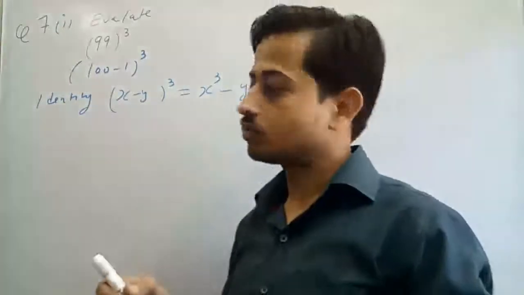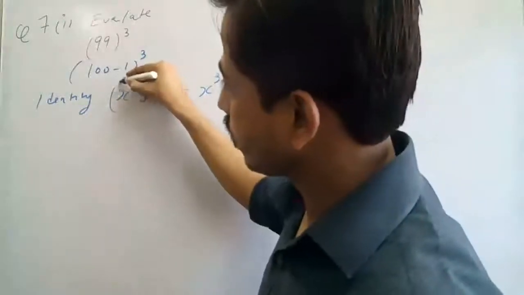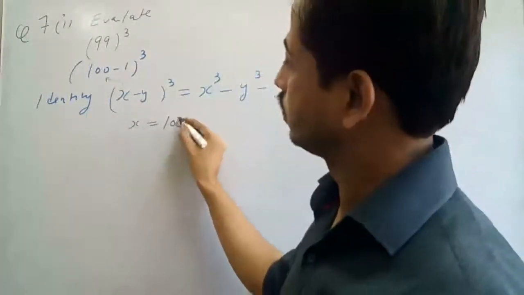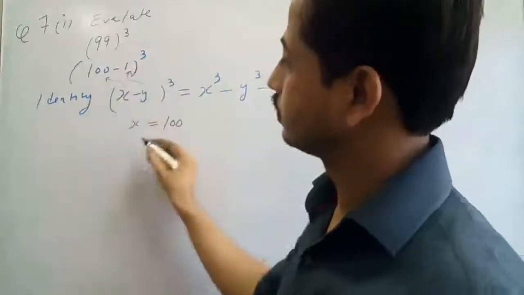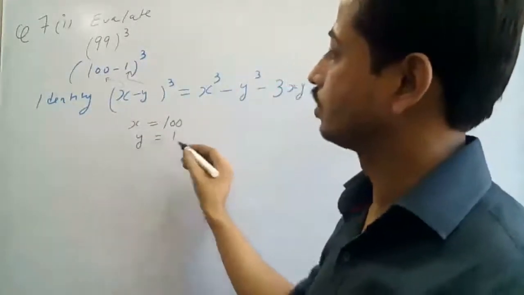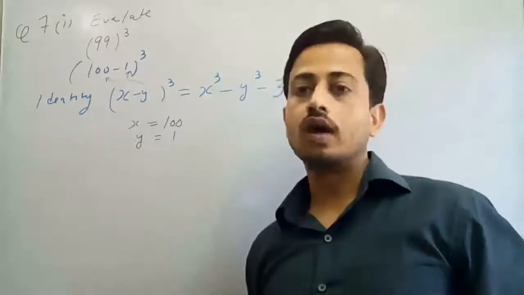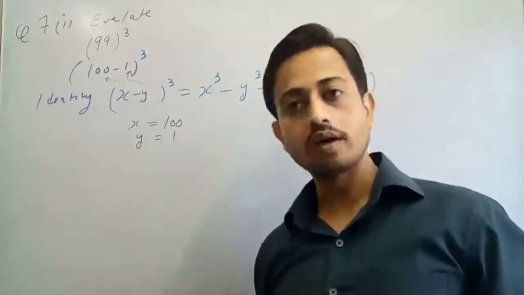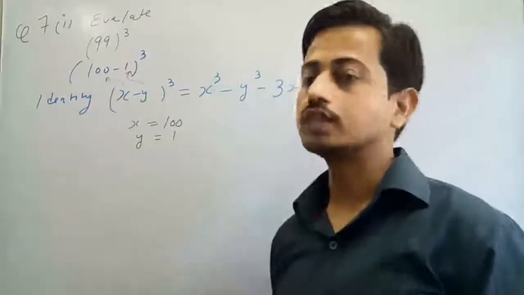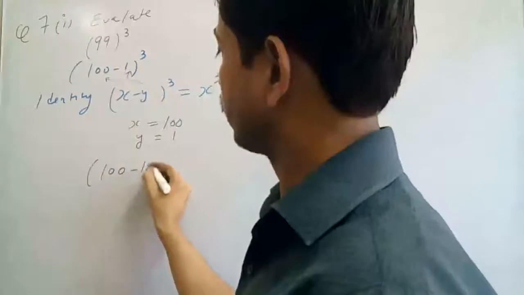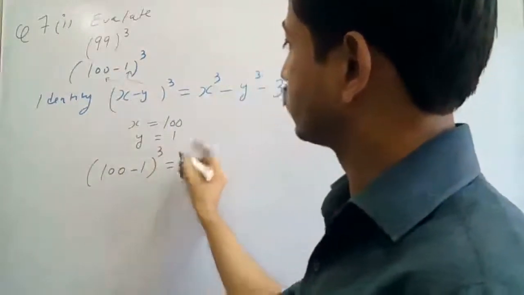Now do comparison. x is our first term, so x is equal to 100, and y is the second term, y is 1. So it's very simple. You have to put x is equal to 100 and y is equal to 1, and you get the solutions.